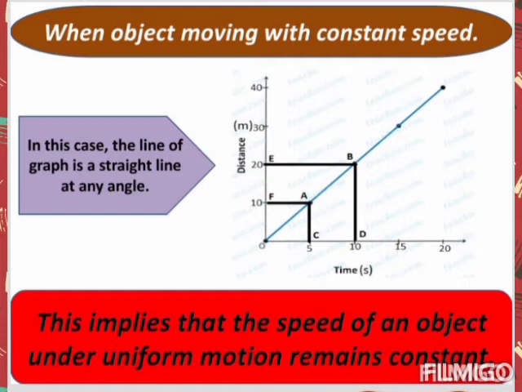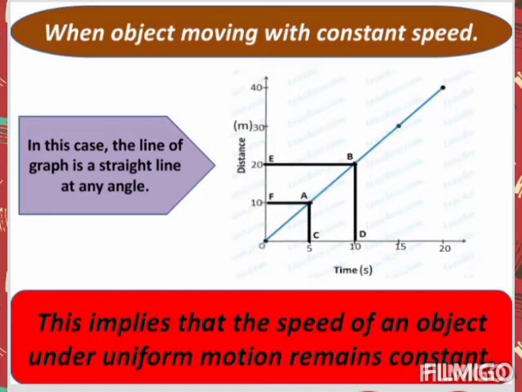When the speed is constant, the graph is a straight line at an angle, or we can say there is an inclined slope. This implies that the speed of an object under uniform motion remains constant. So here is the shape of the graph.